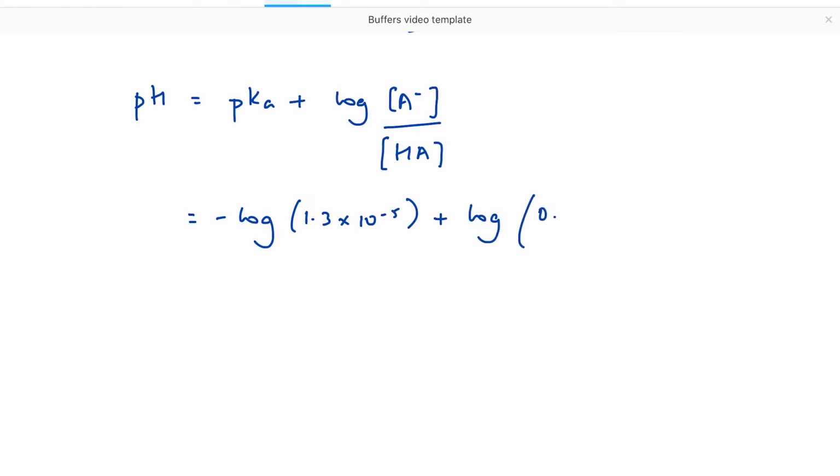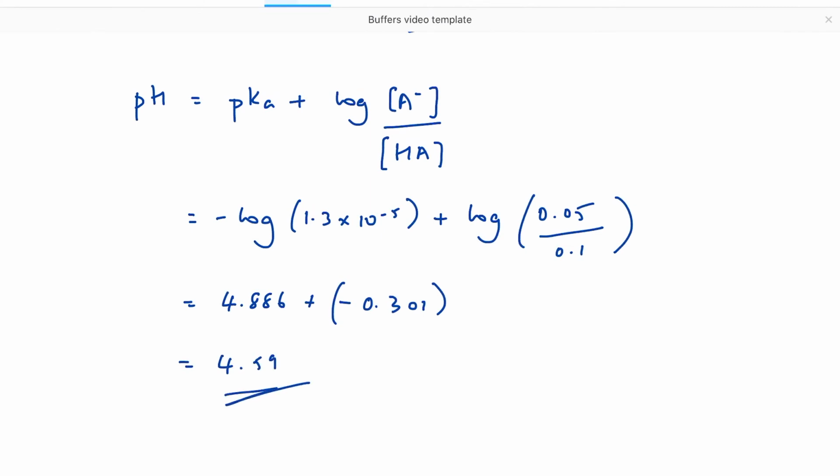A minus is 0.05, HA is 0.1, which comes to 4.886 plus minus 0.301. pH is 4.59. So we've ended up in exactly the same place by either method.